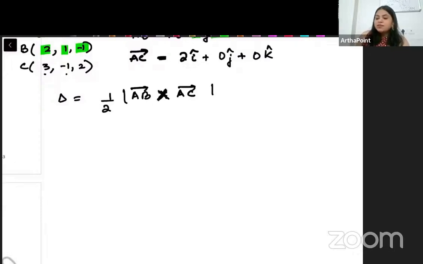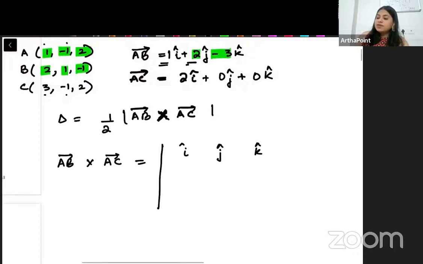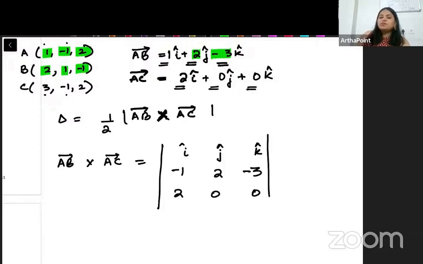So AB cross AC is going to be the determinant with i, j, k hat and then their coefficients. So iska ho gaya beta 1, 2 and minus 3. Learn it with me only, okay? 1, 2, minus 3. And these coordinates will be 2, 0 and 0. So 2, 0, 0.